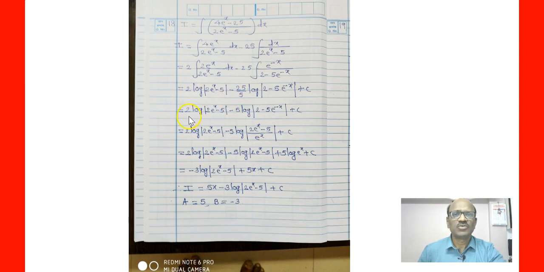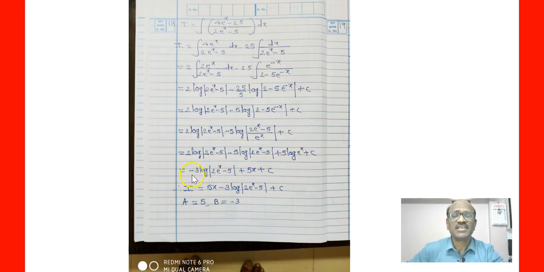Therefore that is 2 log of (2e^x − 5) minus 5 log of (2 − 5e^(−x)) plus c. Again there is one more simplification, e^(−x) becomes in this manner. This is as it follows now, minus 5 log of (2e^x − 5) upon e^x plus c, that is minus 5 log of (2e^x − 5) plus 5 log of e^x plus c.